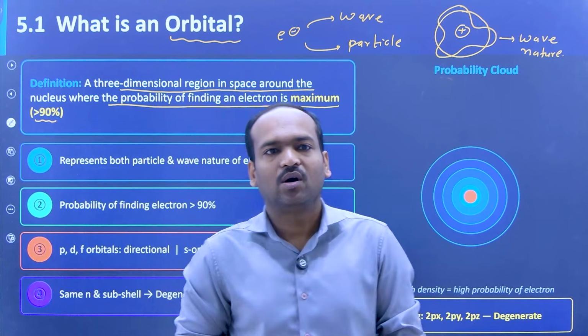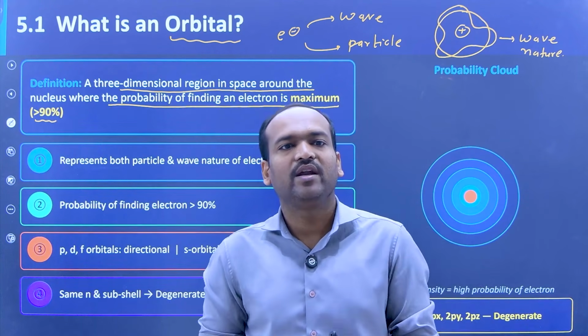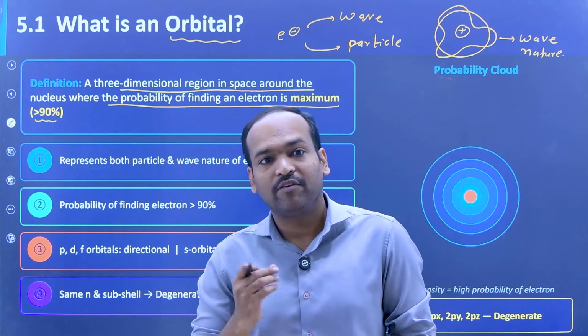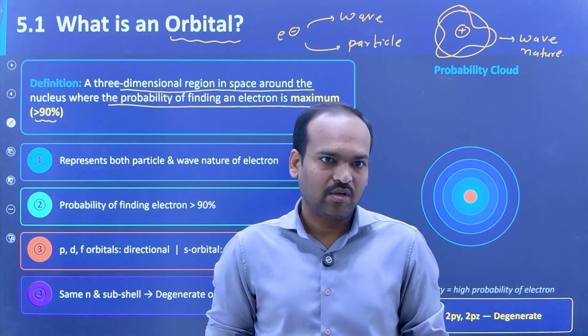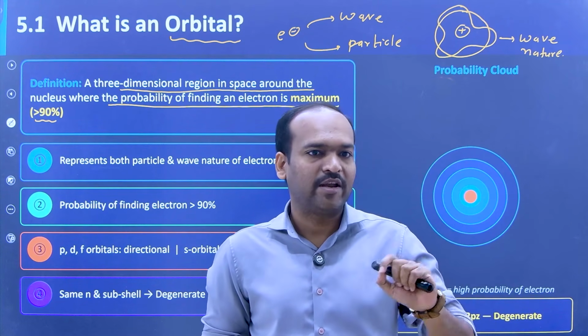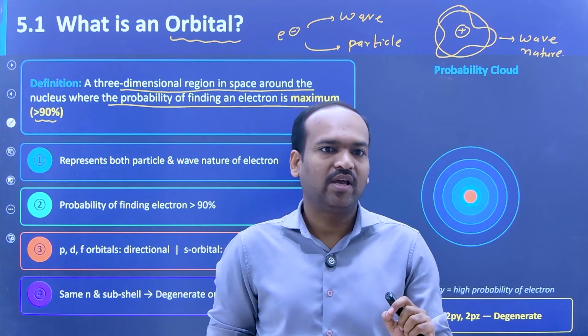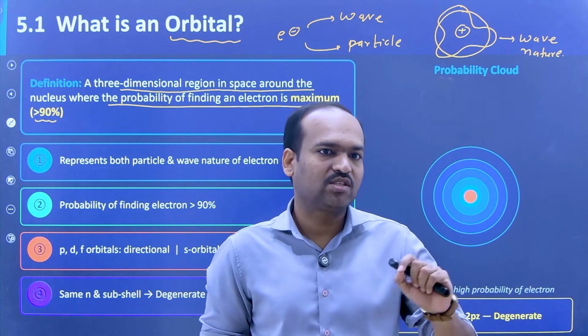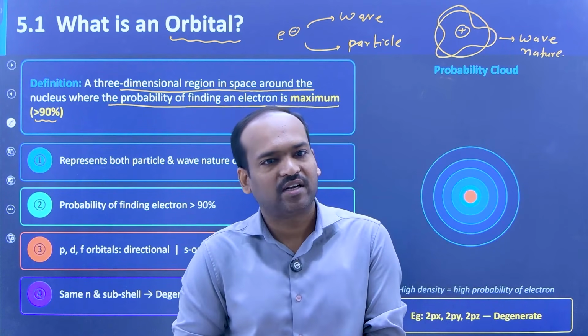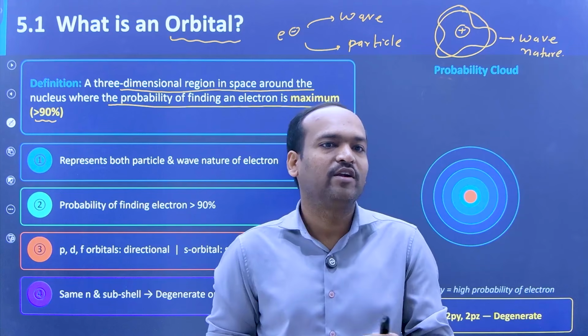Orbital meaning. Orbital is a three-dimension region in space where the probability of finding electron is maximum. But orbit is a well-defined path. Electron can be present in this orbit only. But for wave nature and particle nature, now we have to discuss Planck quantum theory, everything.